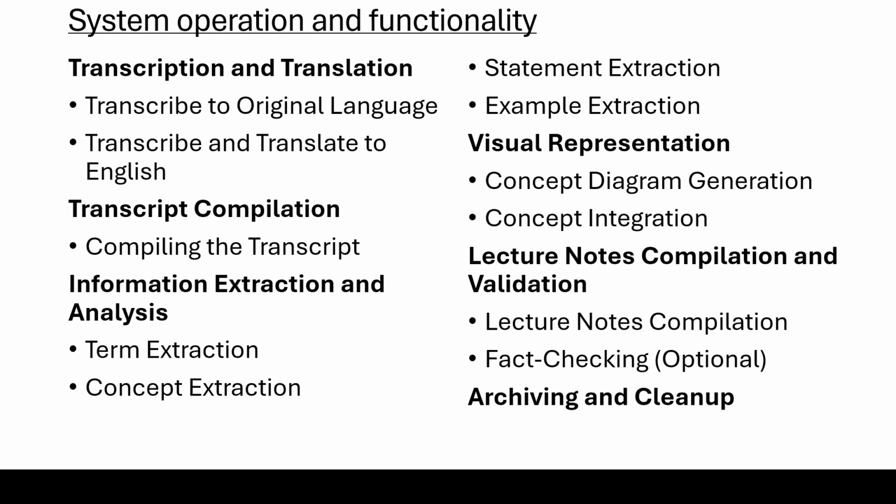So this is a concept diagram generation, where an LLM generates ASCII art-based flowcharts for each concept identified previously, and then it integrates these diagrams into concepts, combining textual and visual elements into a cohesive knowledge structure, which is to ensure a more comprehensive understanding. So basically it means that text comes with graphics.